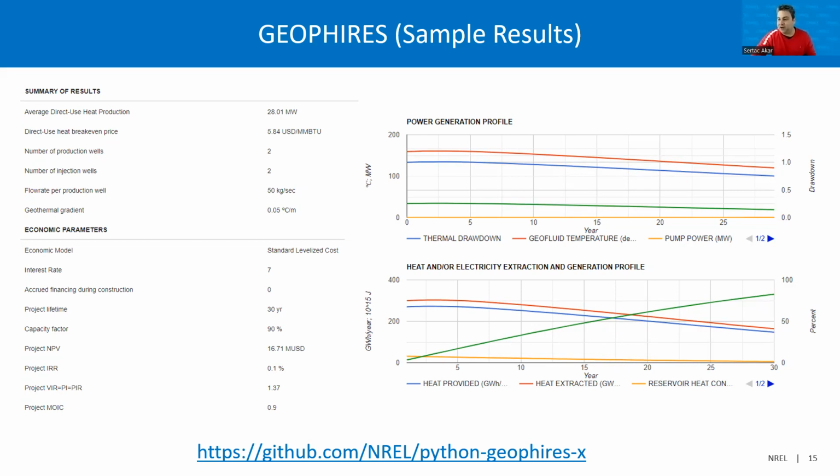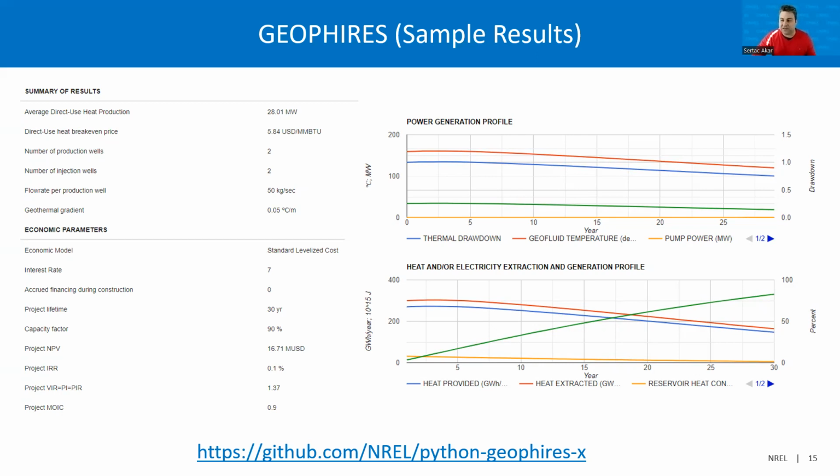And after that, GEOPHIRES creates a generation profile and temperature thermal drawdown curves, as seen in this figure, throughout the lifetime of the power plant, which is 30 years here. It just shows the temperature drop in 30 years, flow rate changes, and also the changes in the pumping power.